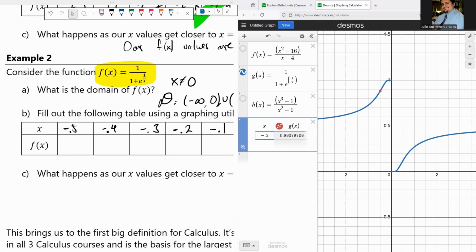Negative 0.5, negative 0.4, negative 0.3, negative 0.2, negative 0.1.